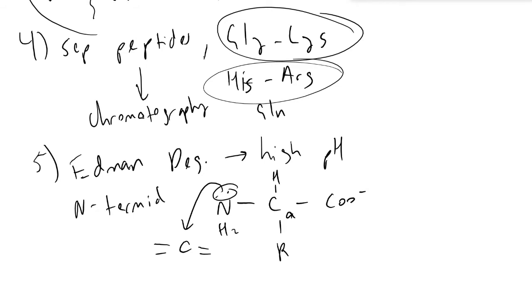And so this carbon will form a bond with this nitrogen, and the sequence of events that happens after that is the last amino acid on this sequence gets cut off.